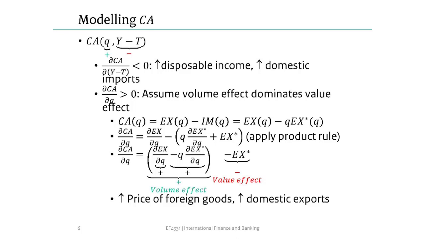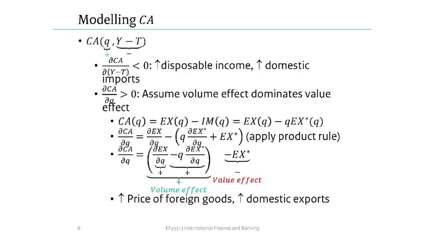So far, when we study, for example, the international gold standard, and we study the current account effects in the previous few weeks, we've assumed that Q has a positive effect on the current account. So I made a lot of assumptions, and now we're going to be more precise about what those assumptions are. The reason we need to do this is because we can now show you precisely where this ambiguity comes from.